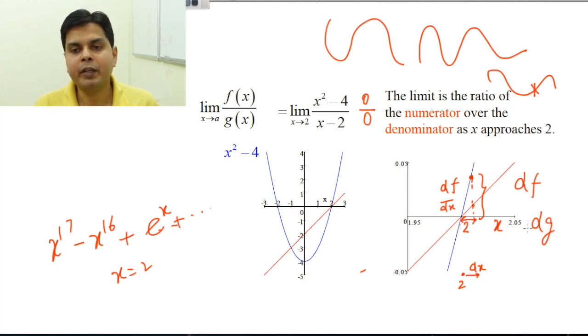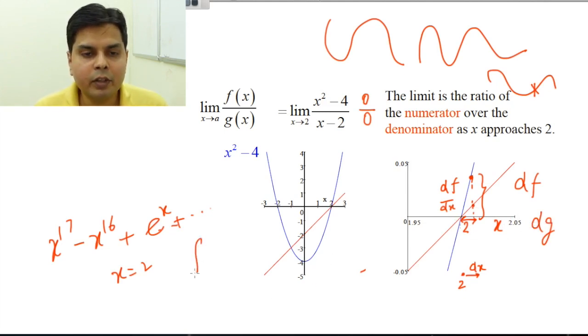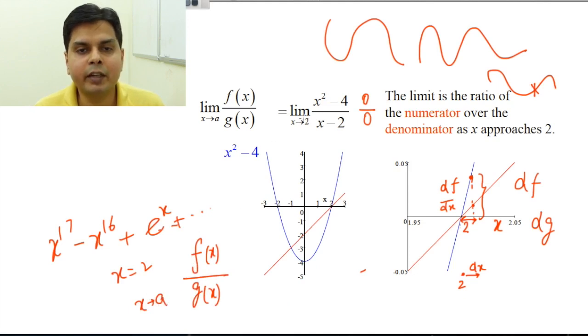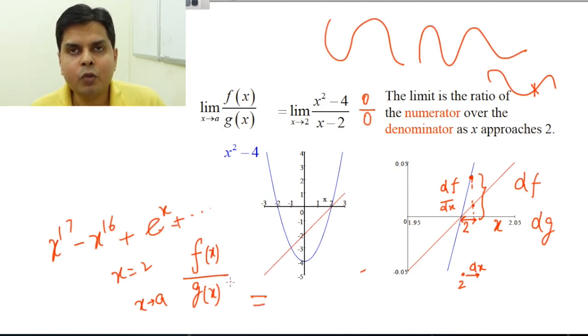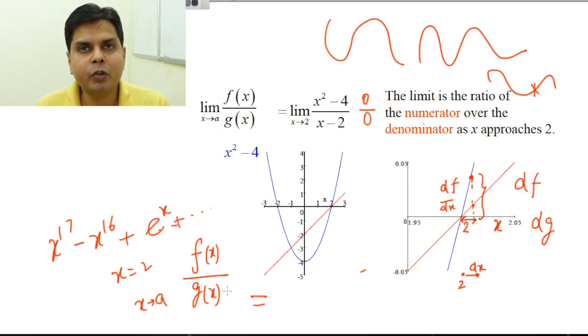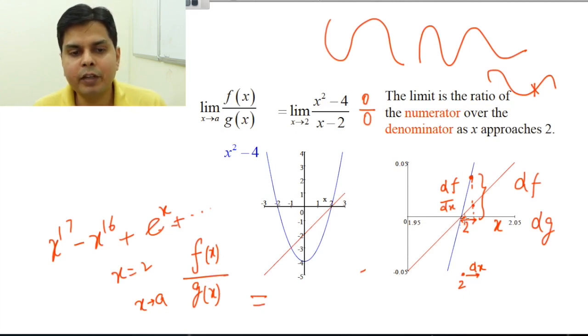So what I am saying is that instead of working with f(x) divided by g(x) at x is equal to a, or x tending to a, in this case x is equal to 2, why not work with the values of the functions f and g situated at a very close distance dx away from this a.